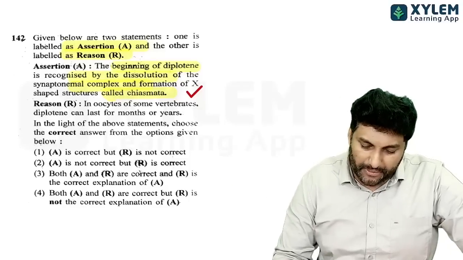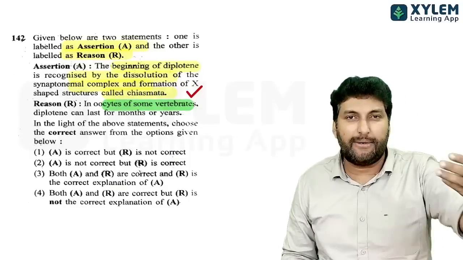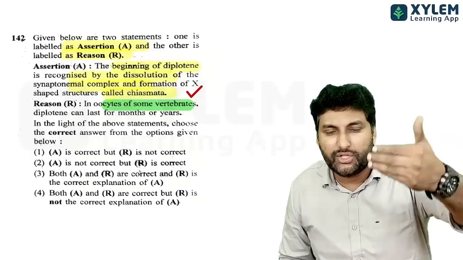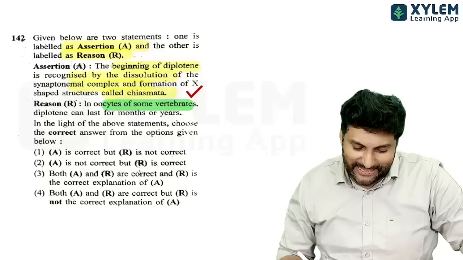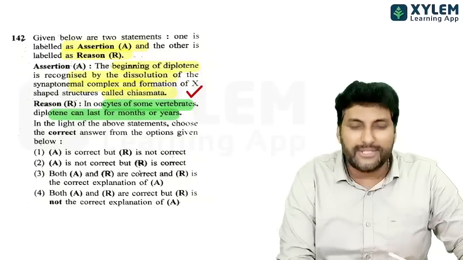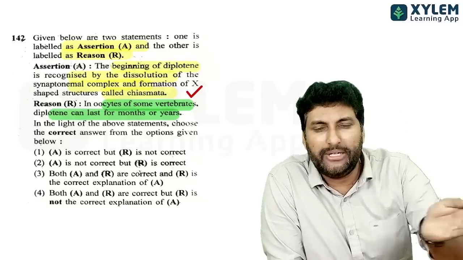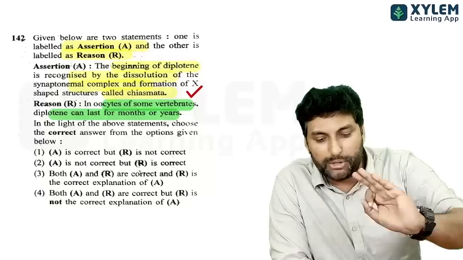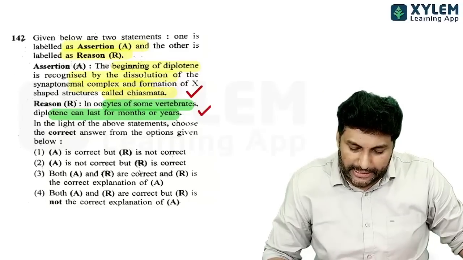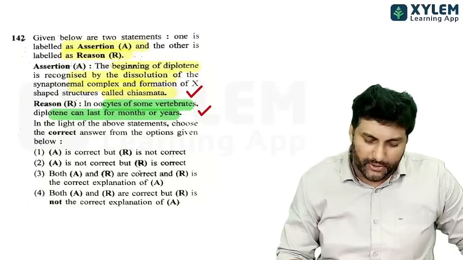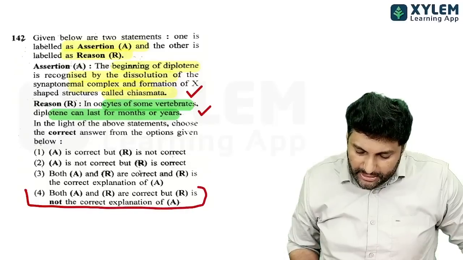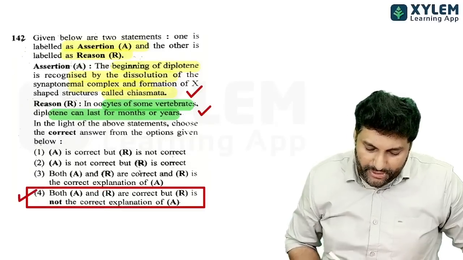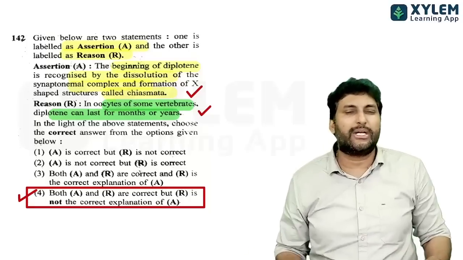The reason given is that in oocytes of some vertebrates, diplotene can last for months or years. This is the sentence just following the assertion in NCERT, the same repeating sentence. Both are correct, but not the correct explanation. So the answer is that assertion and reason are correct, but the reason is not the correct explanation.